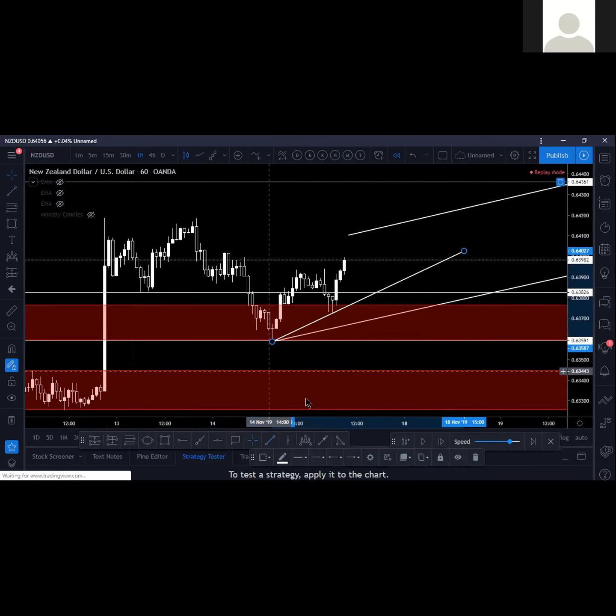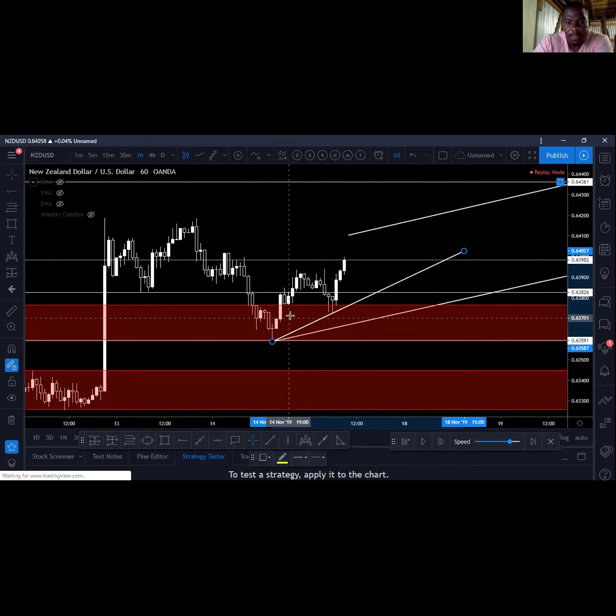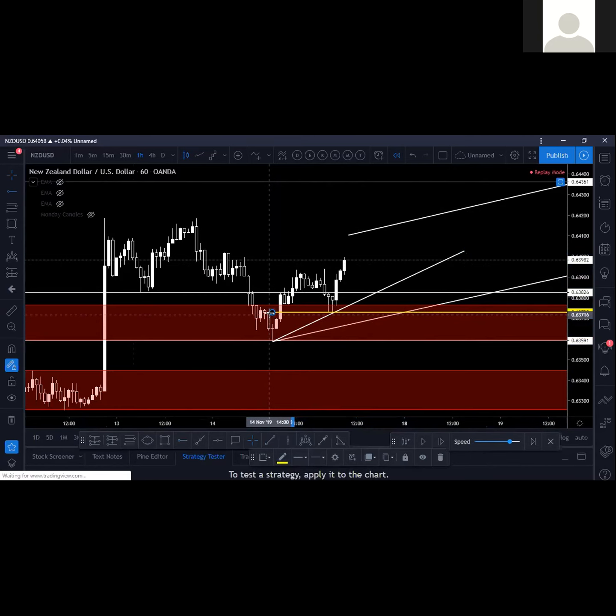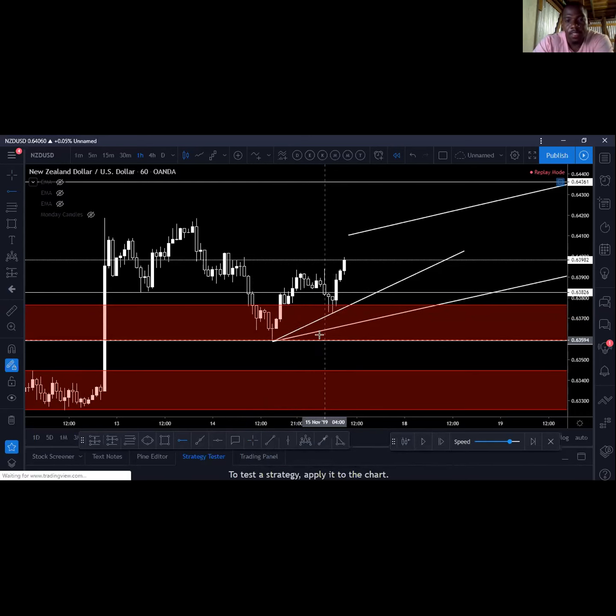If I were to draw a horizontal line right where this wick is, I could get a nice area of support, if I wanted to do that.